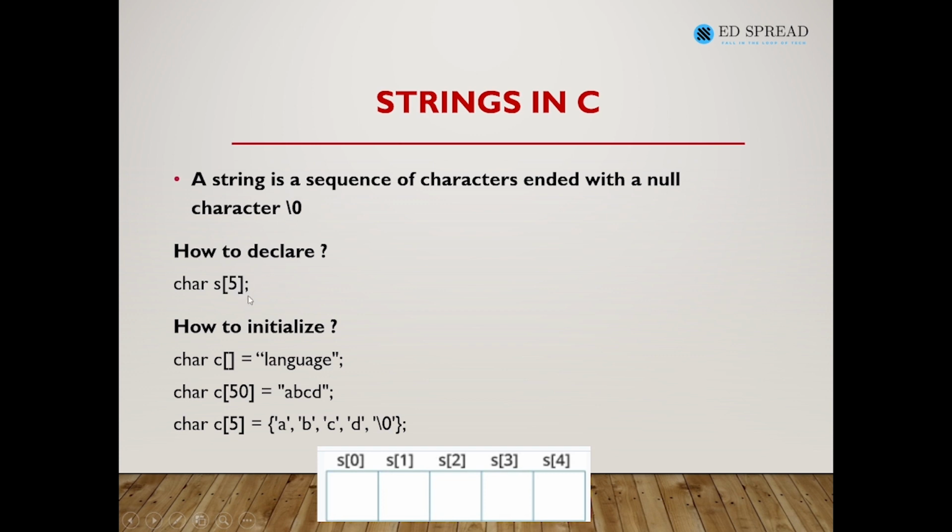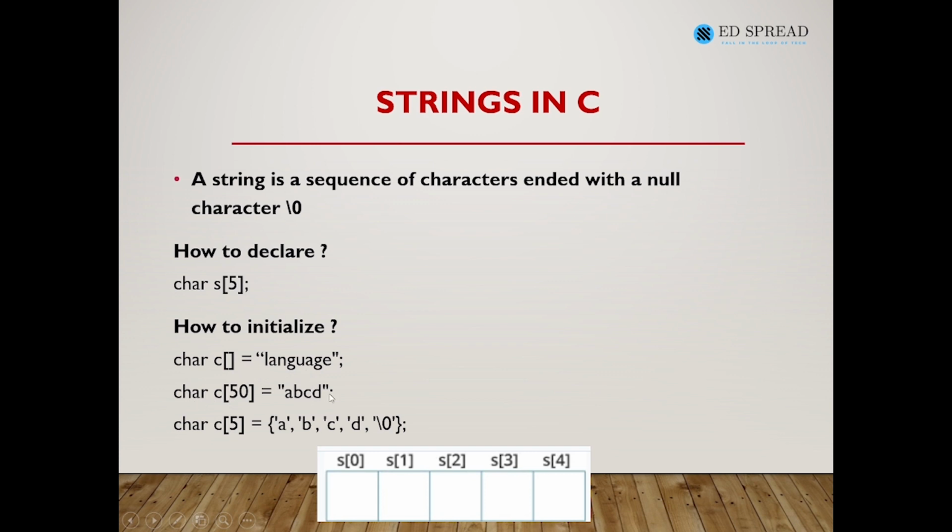How to declare a char array of size 5? We can write it like this: char c with square brackets. Or we can also write it without writing the number in the brackets. For example, char c[50] = "abcd".